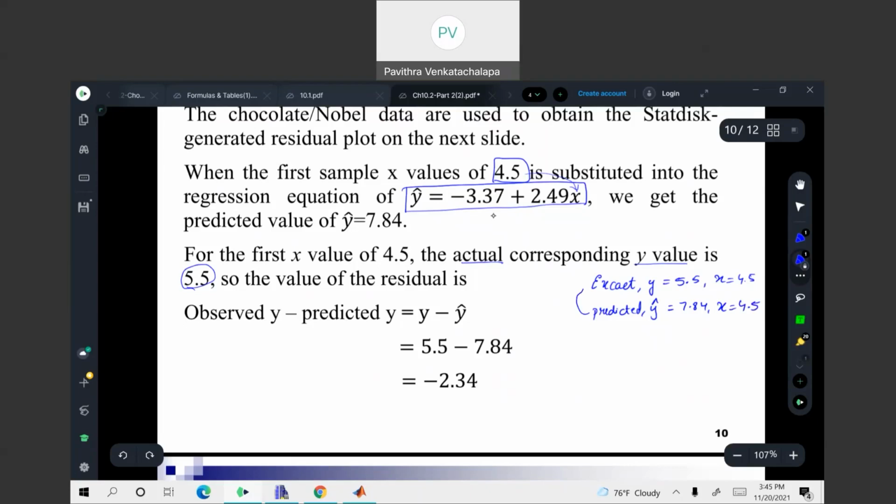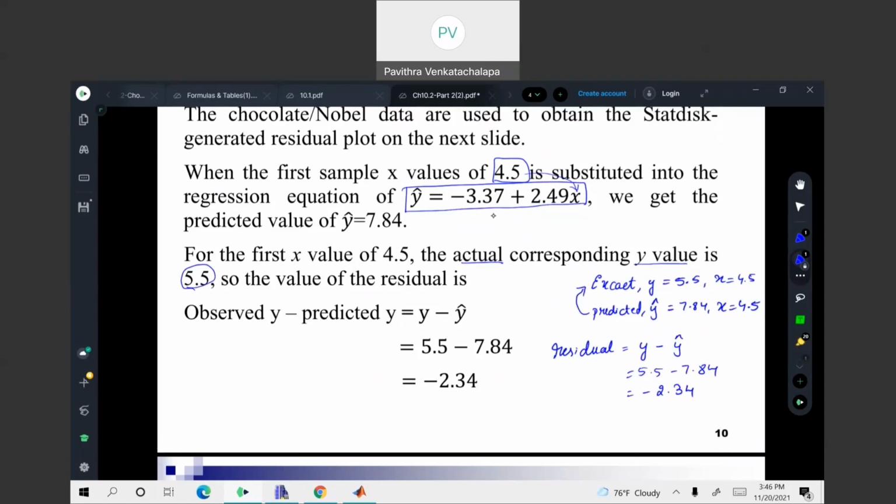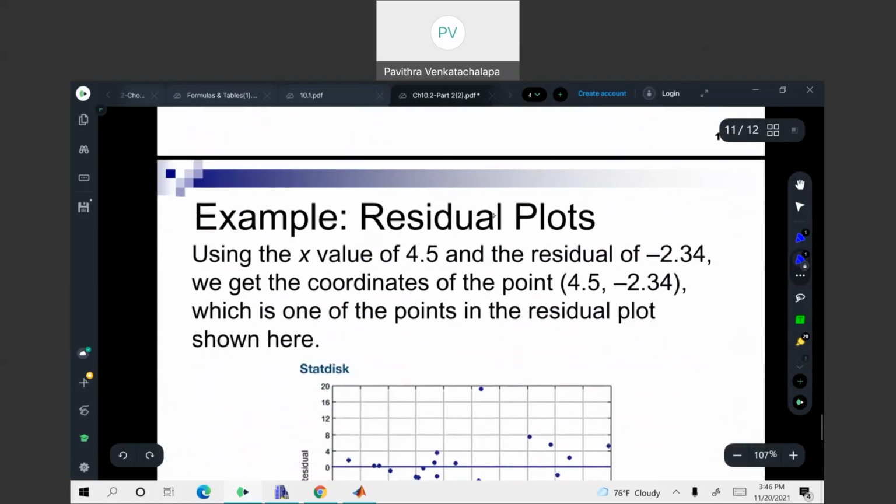Now, how do you find the difference between these 2 points? What is the amount of difference? You do residual. Okay, so residual is simply exact minus predicted, that is 5.5 minus 7.84, that will give you minus 2.34. So there is a 2.3 point difference between the exact and the predicted value. Okay, this is how you find the residual point.